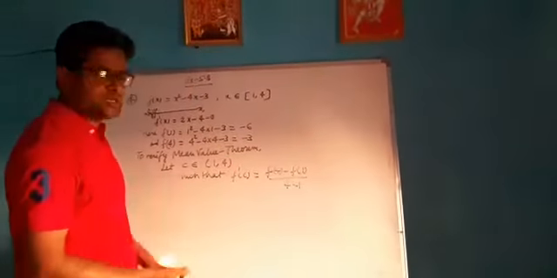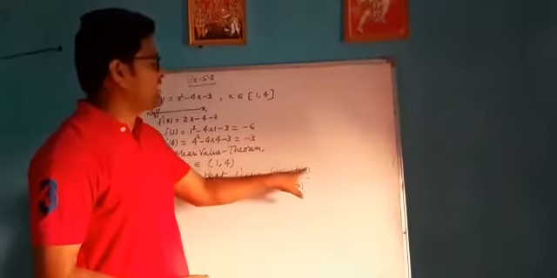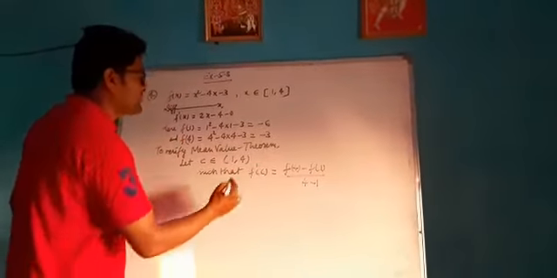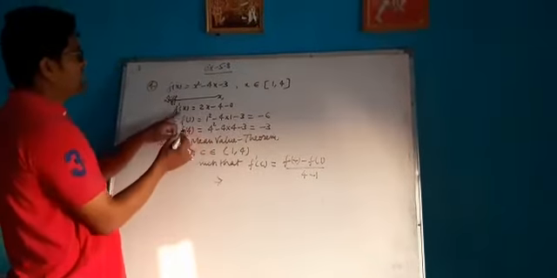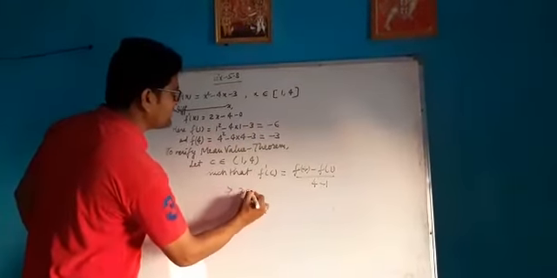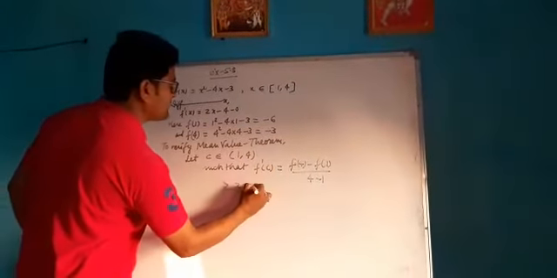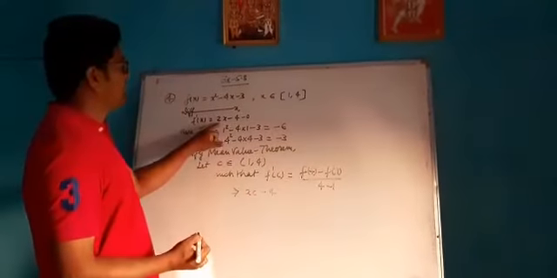I have told you earlier, this is working as a, this is working as b. So you can easily replace the values. f dash x is 2x minus 4, so f dash c will be 2c minus 4. In place of x, I have to write c.